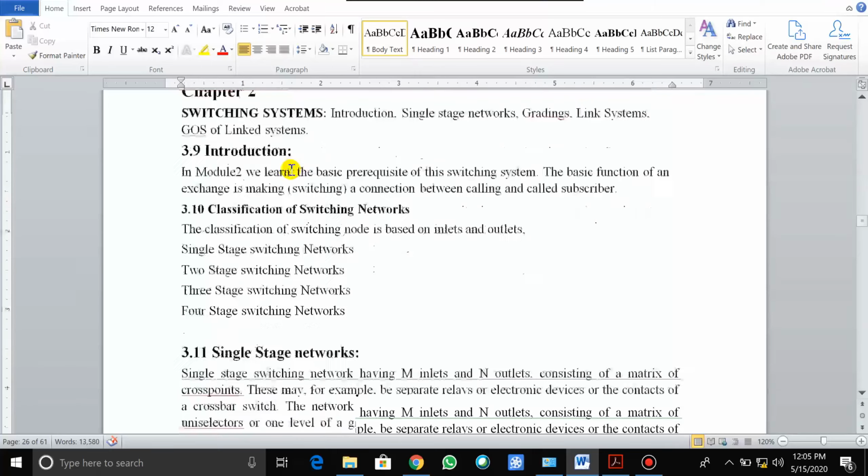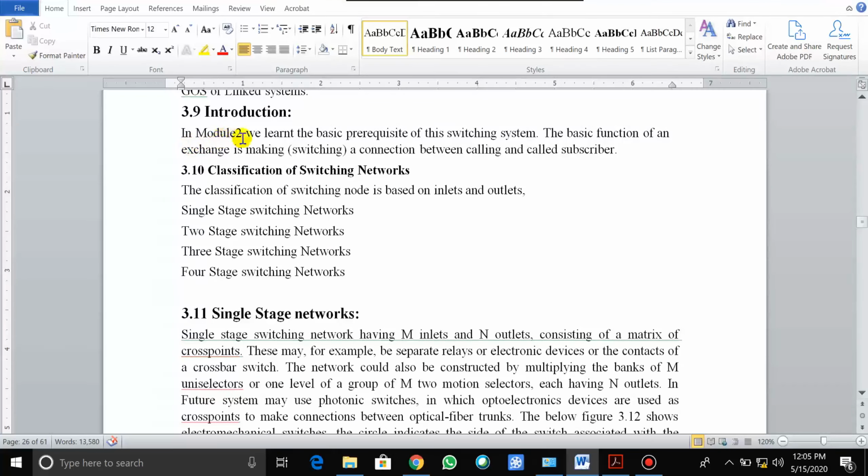Switching system. As I told in module number 2, we learned the basic prerequisites of this switching system. The basic function of the exchange is to switch a connection between called and calling subscriber. That means we need to establish a connection between called and calling subscriber by using a switch.